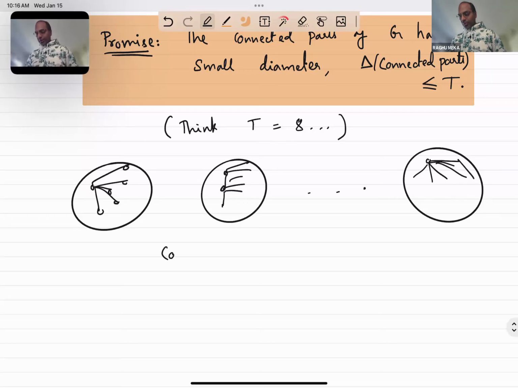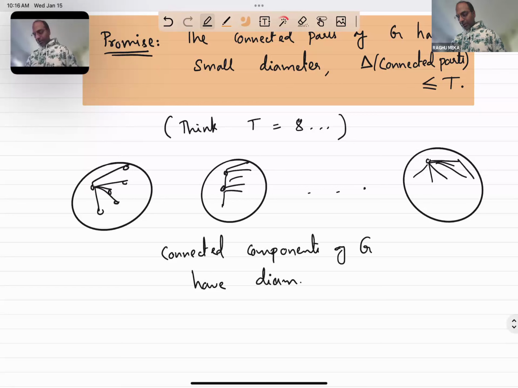These are all the connected components of G have diameter less than or equal to T. Okay. So any two vertices in the same connected component have a shortest path of length at most t. So if S is somewhere here, then either S and T are disconnected, or there is a path of length at most t between S and T.